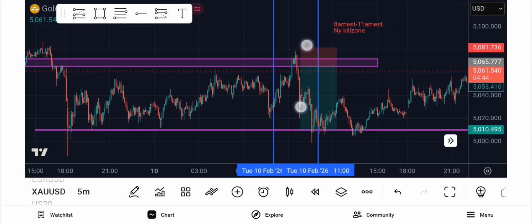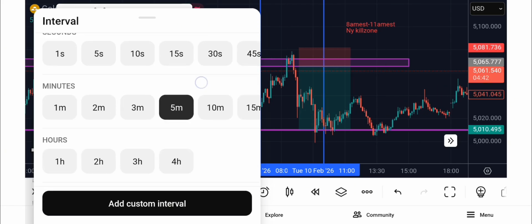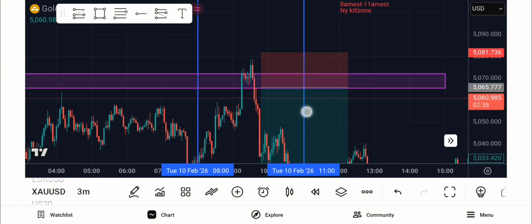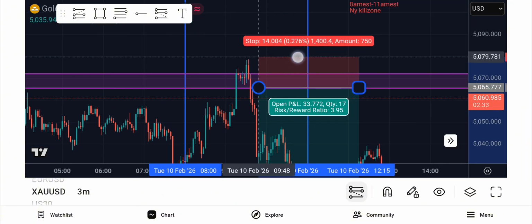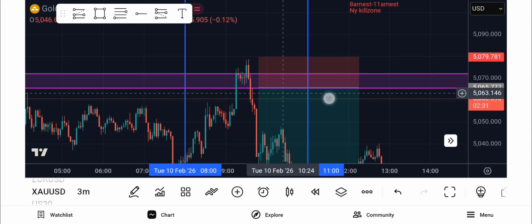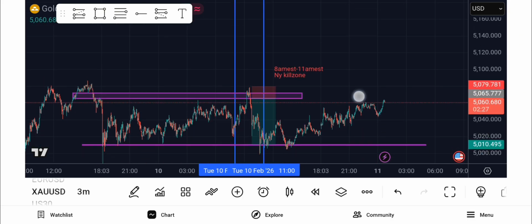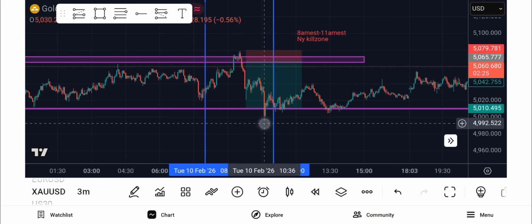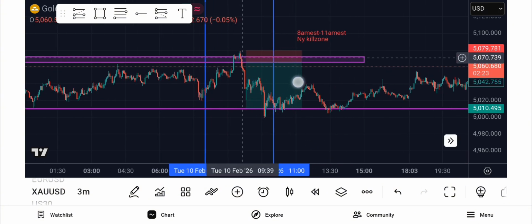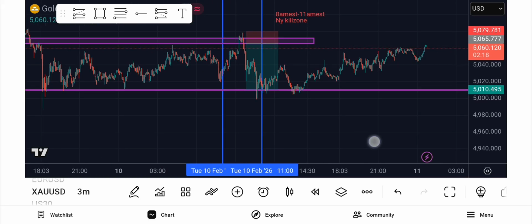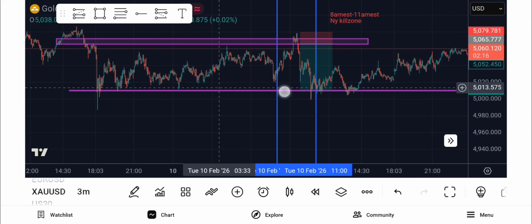Okay, so when that happened, I went on the 3 minute and I put the stop loss above here, and I waited to see what happens. And right at 9:30ish, that's when price dropped, took out these equal low liquidity to the left, and then finally started going back up.